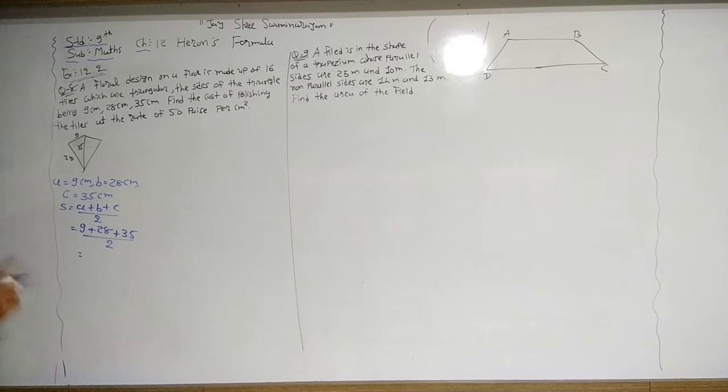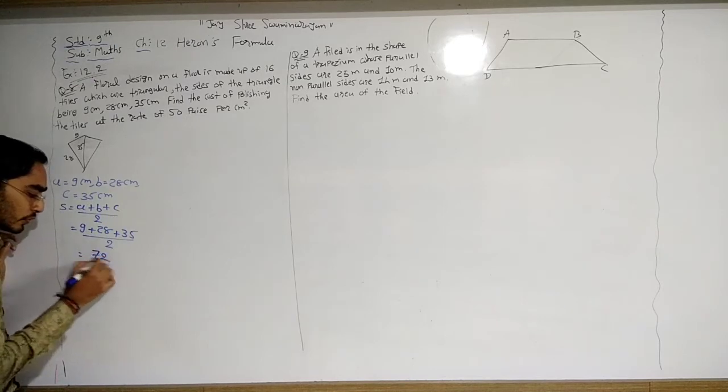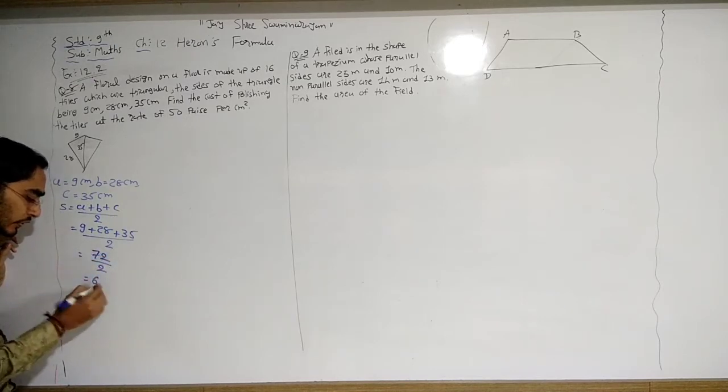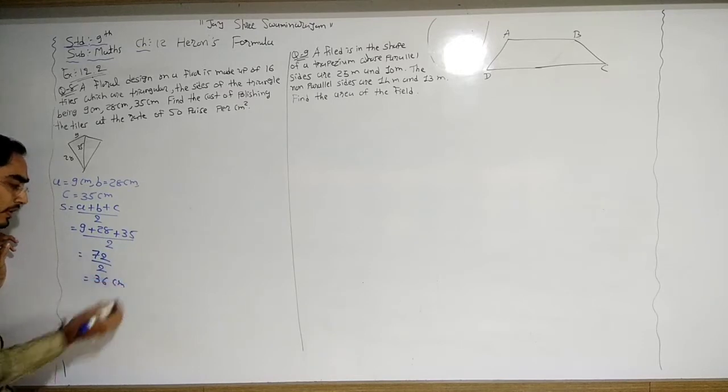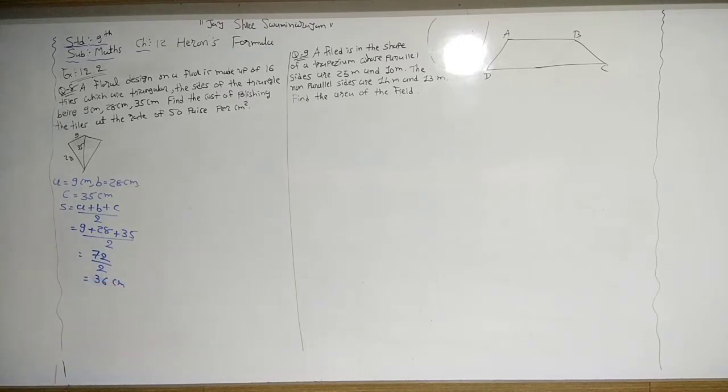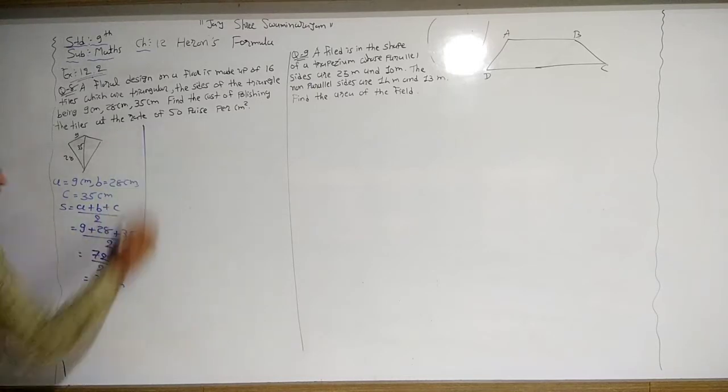Now 28 plus 9 is 37, 37 plus 35 is 72, divided by 2 is 36 centimeter. Now find out the area of the triangle.